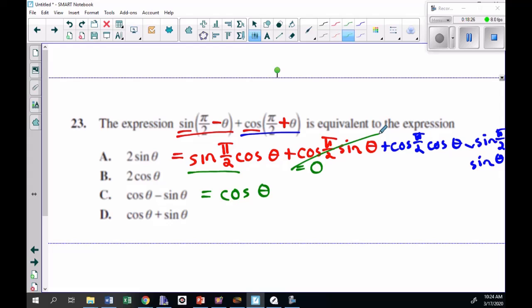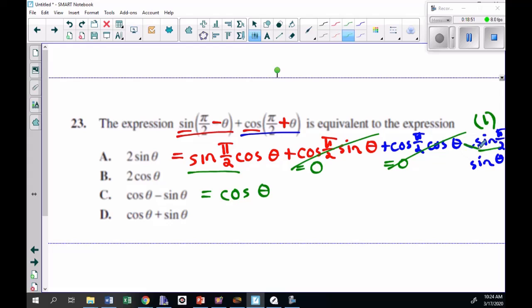And then, again, we have cos pi over 2. That's equal to 0, and anything times 0 is 0. That one is gone as well. Now, over here, sine pi over 2 is equal to 1. So that's just going to be 1 times sine theta, but we have to be a little bit careful with our signs here.